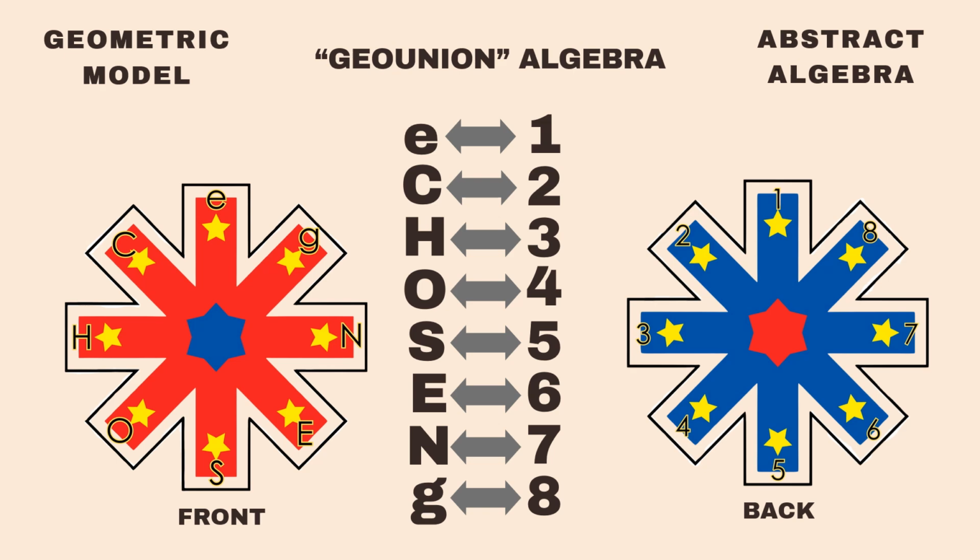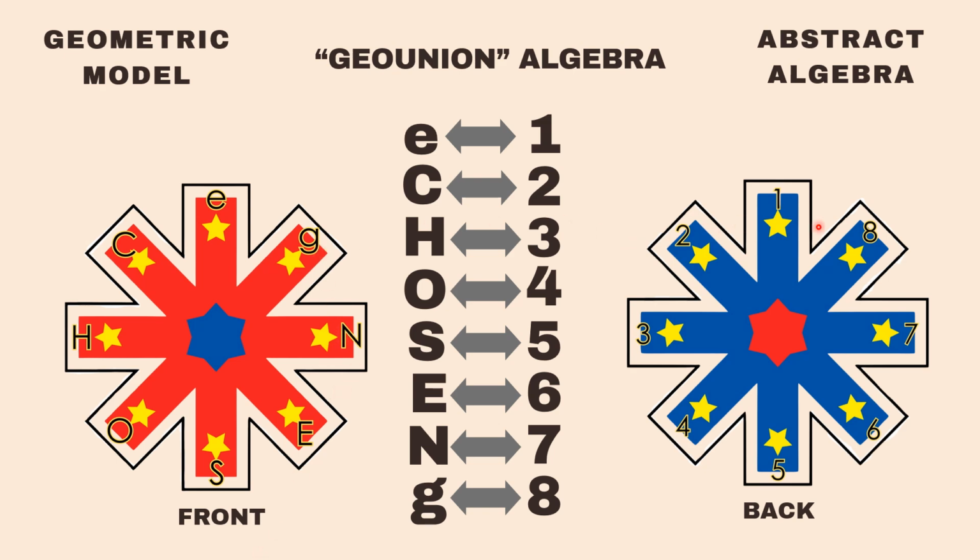My geometric model has 16 symbols, 8 in the front and 8 at the back. In front, I have the symbols which are letters: small letter e, big letter C, H, O, S, E, N, and small letter g.